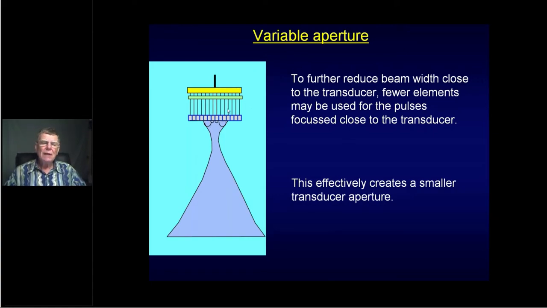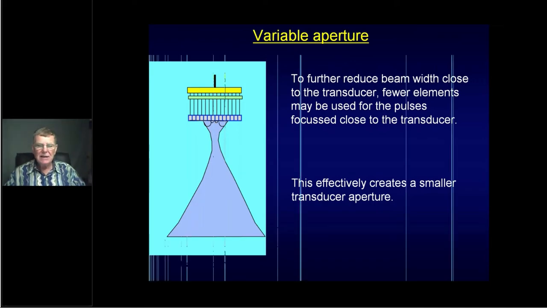But what will happen with your first pulse, which is focused up close to the transducer, is they'll only use the inner elements. And that will create a narrower transducer aperture, which is the active face, and therefore the initial beam that comes out is slightly thinner.